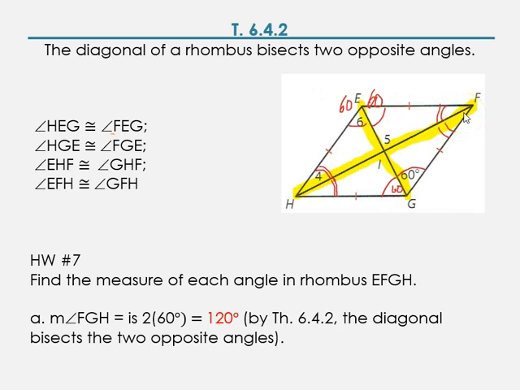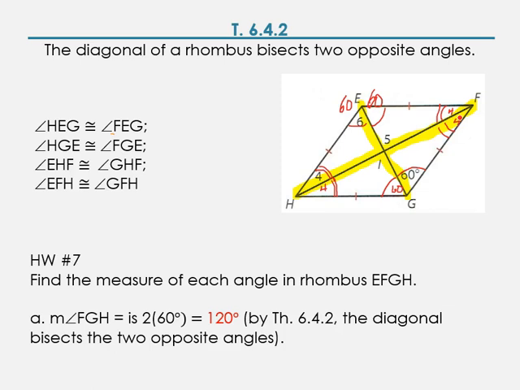And both angle H and F are congruent to each other, so each one of these angles will be congruent. So where it says number 4, this is also a number 4, this is a number 4, and this is a number 4. So quite a few properties are completed by just the fact that this rhombus's diagonal bisects two opposite angles. Let's take a look at some homework.